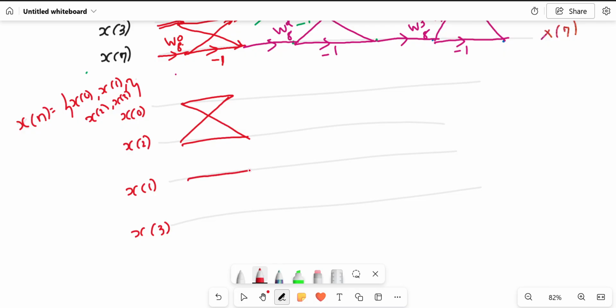So n by 2 butterflies in each stage. For 4-point, n is equal to 4, 4 by 2, 2 butterflies in each stage computation.